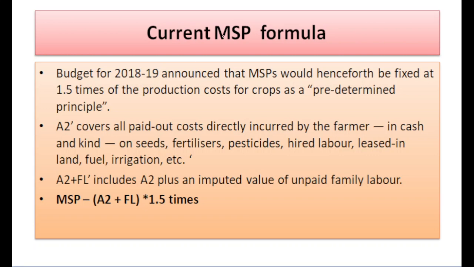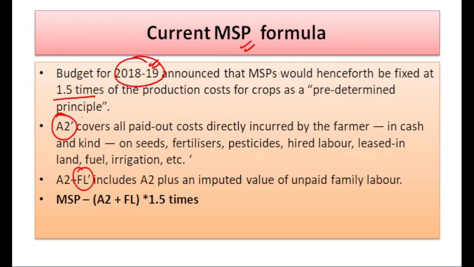Now what is the current MSP formula, which is the topic for today? In the budget 2018-19, the government had announced that the MSP would be 1.5 times the total cost of production, and the total cost of production includes A2 and FL. What is this A2 and FL?